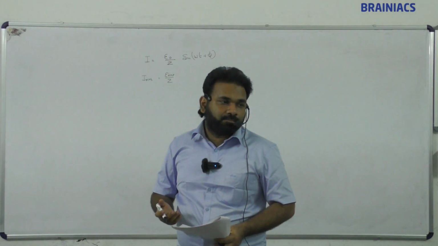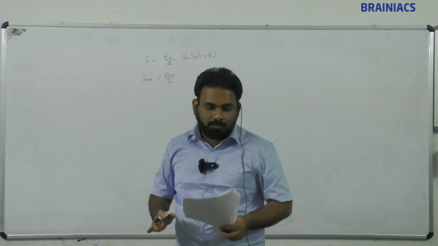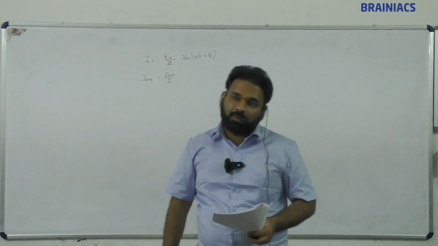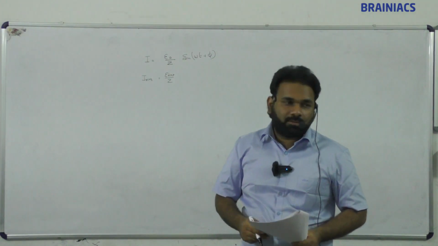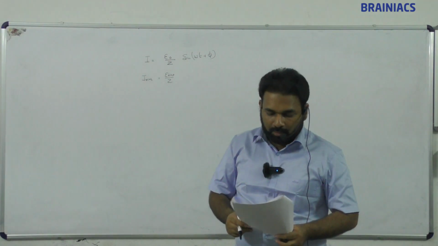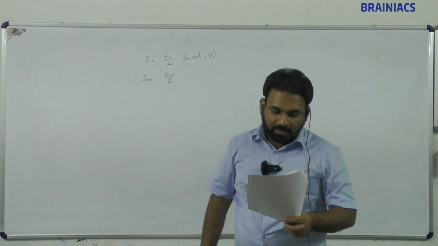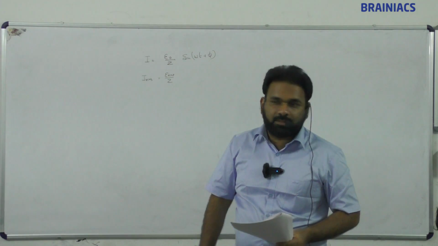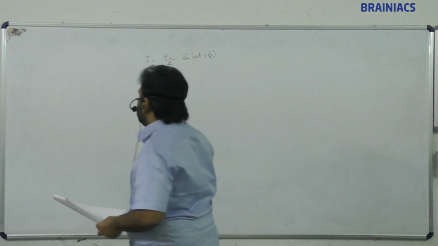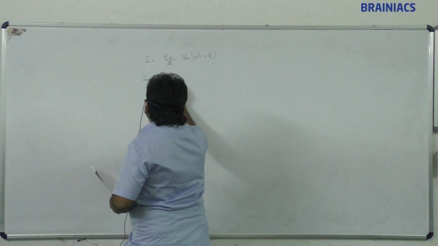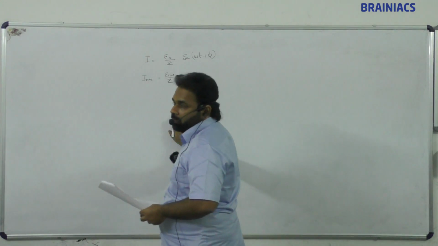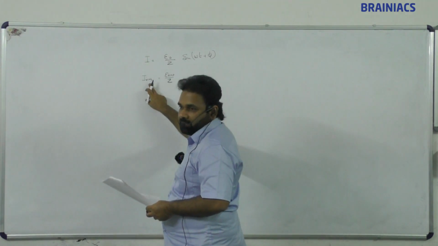Ammeter means hot wire ammeter, just add that point there. A normal ammeter would read 0, but you can take it as a hot wire ammeter. If it is a hot wire ammeter, this is going to be IRMS itself.